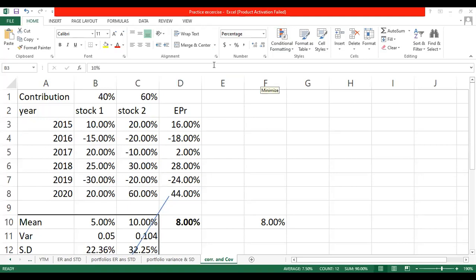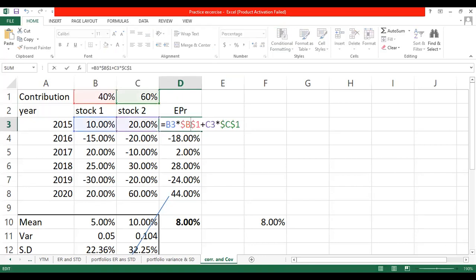In the last discussion, I gave you those formulas. Now, asset 1 is having 40% contribution and asset 2 is having 60% contribution in the total portfolio. Now we will calculate the expected return of a portfolio.